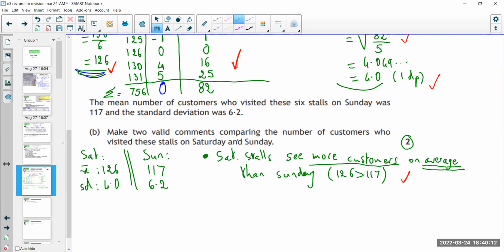And the other comment is a bit trickier. But what the standard deviation shows is the variation, how close we are to the mean, okay? As you can see, the bigger the variation in the number of customers compared to the average, the bigger the number. So here, you can just say there is more variation or less spread.